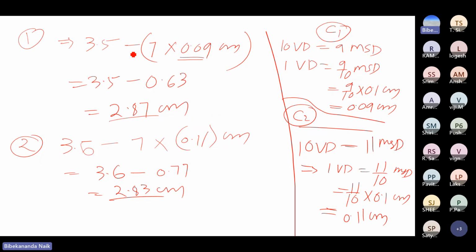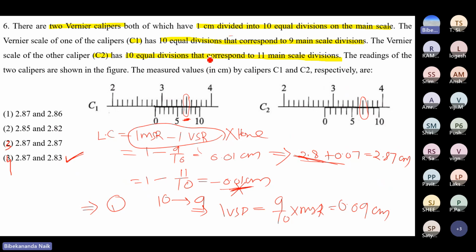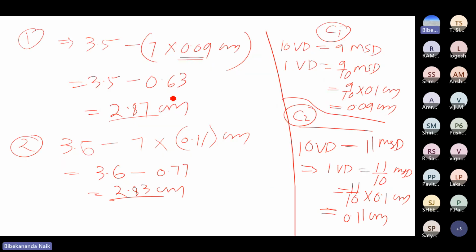So the main scale reading is 3.5, and since the 7th vernier division coincides with 3.5 in this case, it will be 3.5 minus 7 into 0.09. The 0.09 is coming from here.